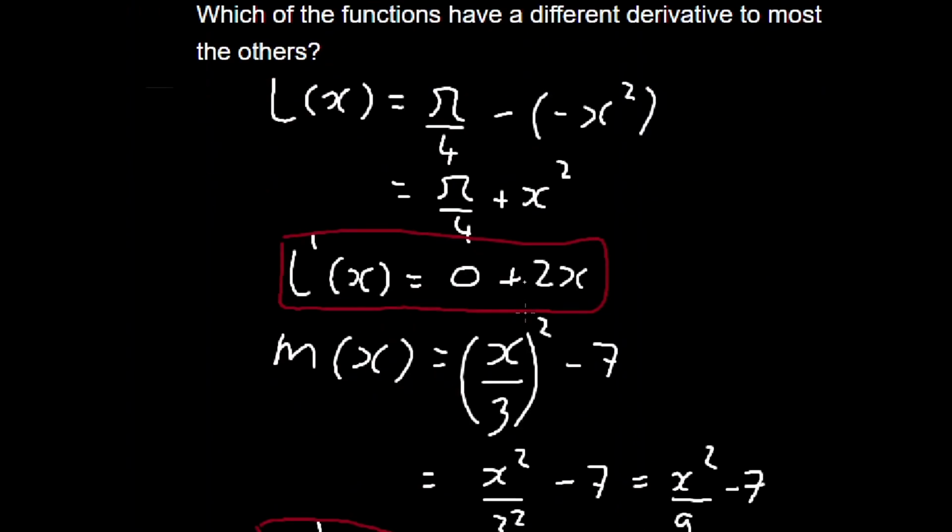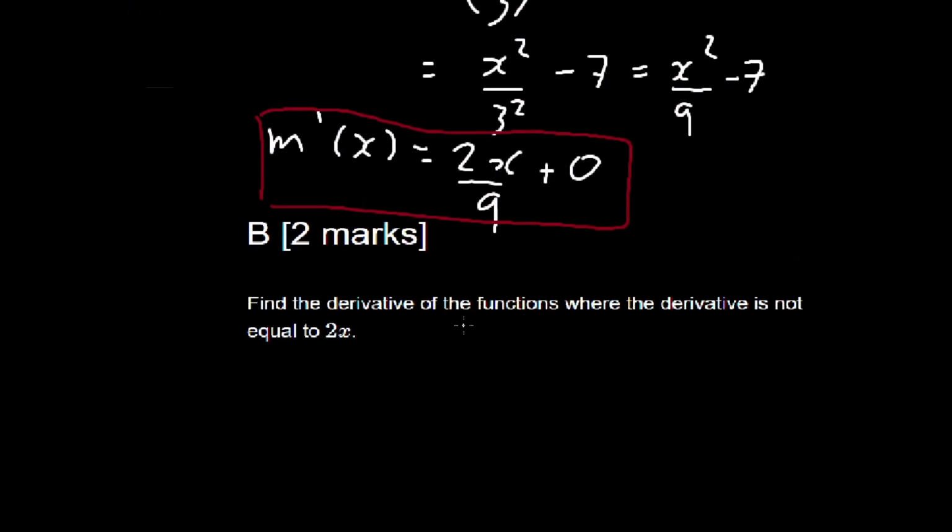The next one we've already done. It says find the derivative of the functions where the derivative is not equal to 2x. So we can go backwards here and say that this is equal to 2x on 9.